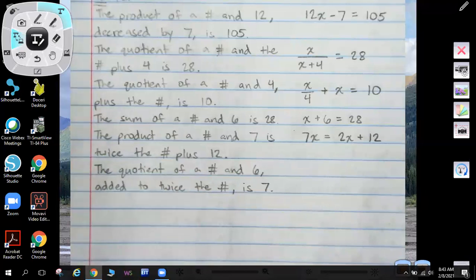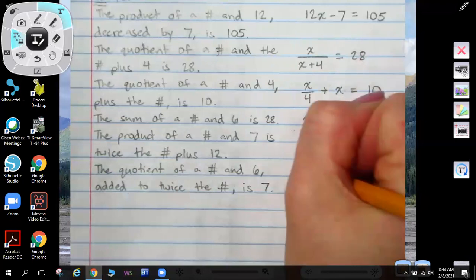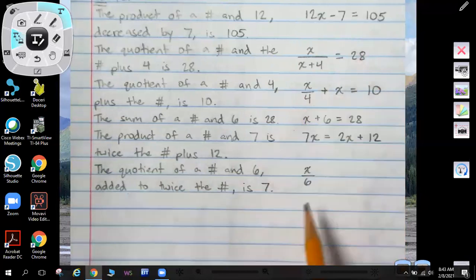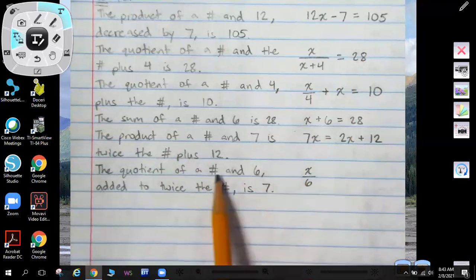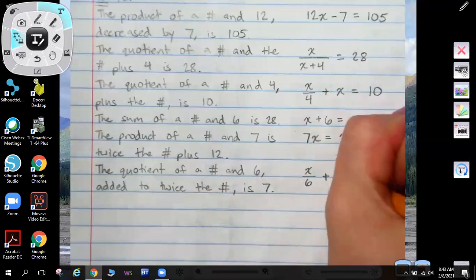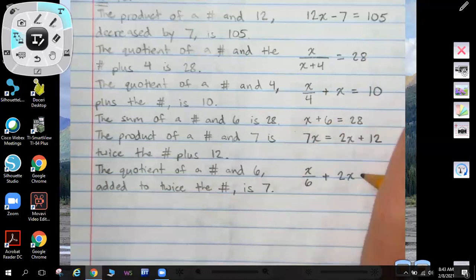Okay, the quotient of a number and 6 would be x over 6. X is in the numerator because the number was mentioned first, 6 was mentioned second. And that is added to, so plus twice the number, which is 2x, is 7, so equals 7.